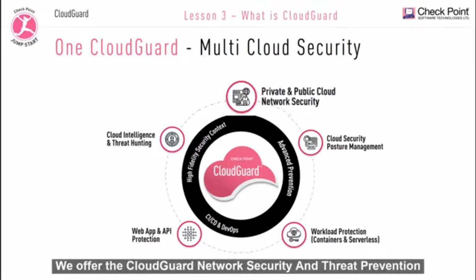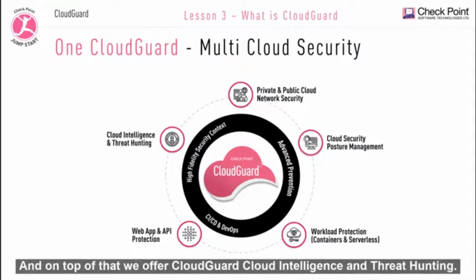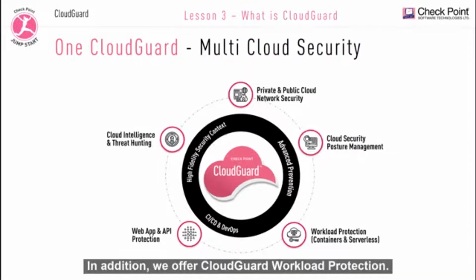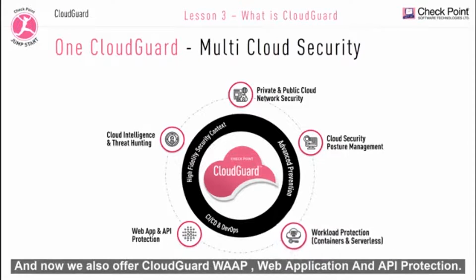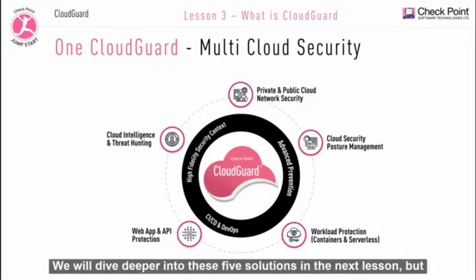We offer the CloudGuard Network Security and Threat Prevention solution. We also offer CloudGuard Security Posture Management. And on top of that, we offer CloudGuard Cloud Intelligence and Threat Hunting. In addition, we offer CloudGuard Workload Protection. And now we also offer CloudGuard WAP, Web Application and API Protection.